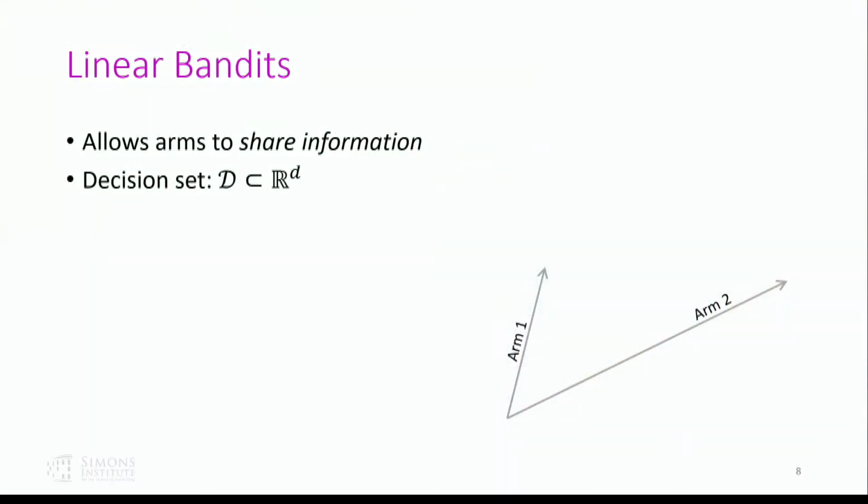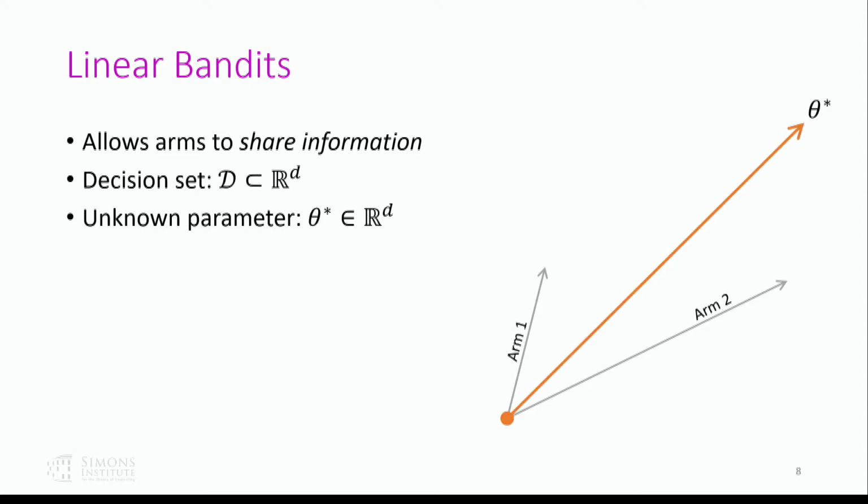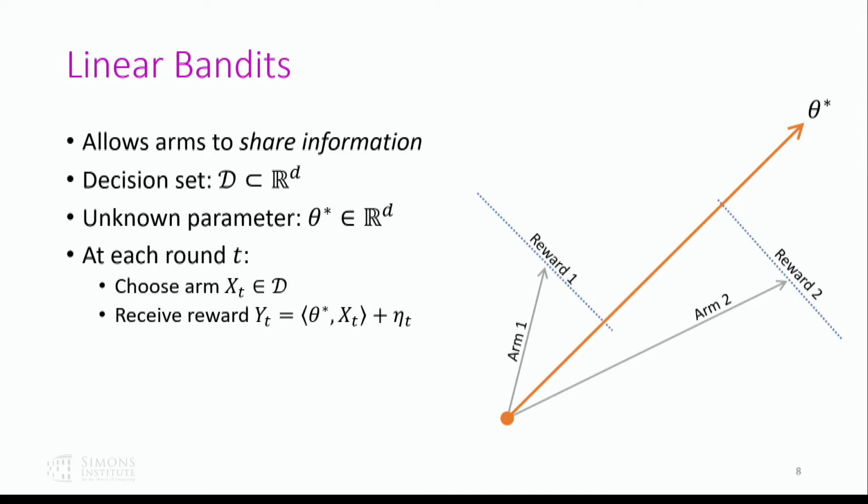And then how is my reward drawn? Each time I choose an arm, there is some unknown vector out there, theta star, and the reward from pulling arm x is going to be the projection of the arm onto theta star, my unknown parameter, plus noise.